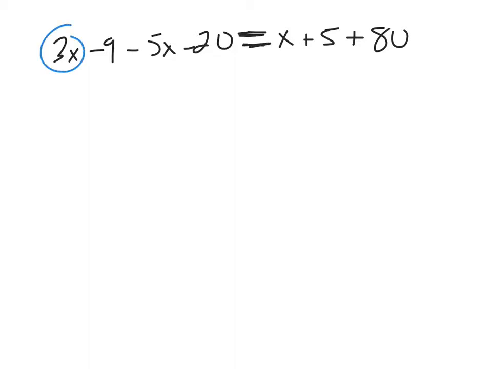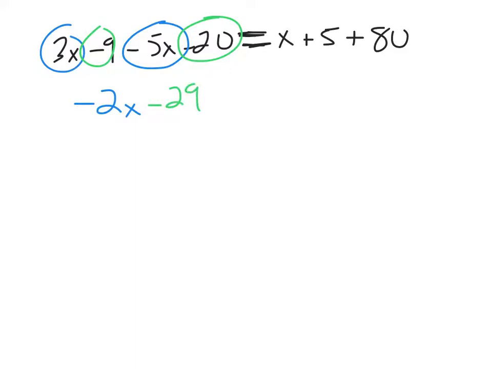I can combine the 3x and the negative 5x, which would be negative 2x. Then I can combine the negative 9 and the negative 20, which would be negative 29. Going over to the other side, the only like terms to combine are the 5 and the 90, so that would be 95. So over there, we're just left with x plus 95.